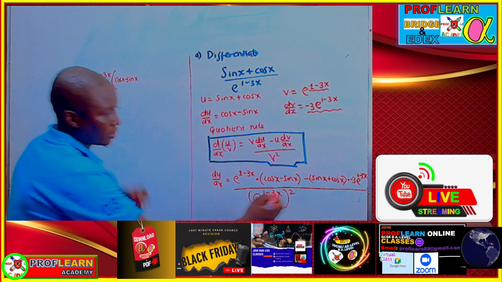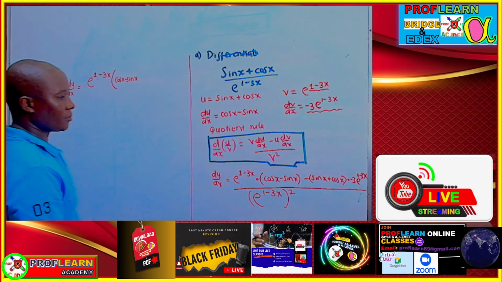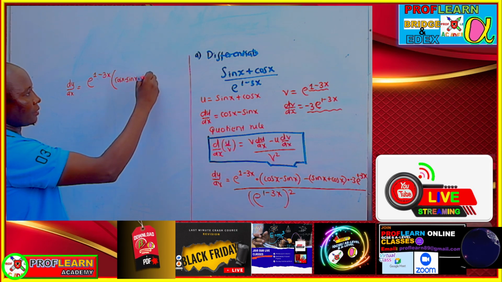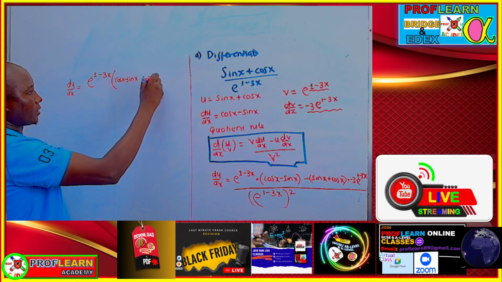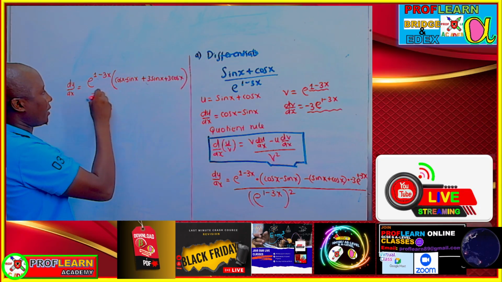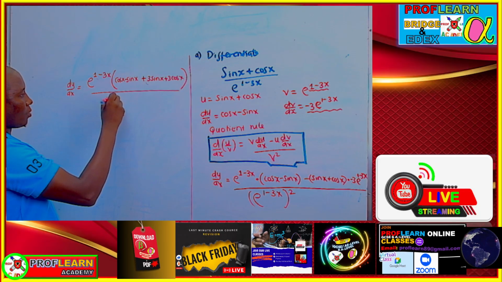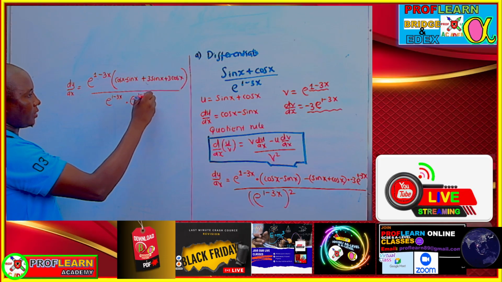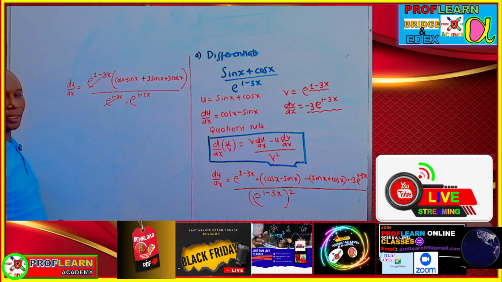Of course, because I have minus 3 here, this part is going to be positive, so I shall have here 3 sin x + 3 cos x. Then I can divide everything by e^(1 − 3x) times e^(1 − 3x).